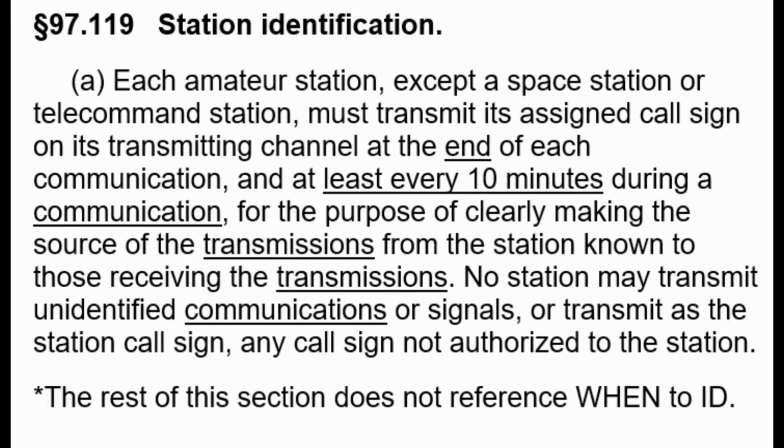So Part A says each amateur station, except a space station or telecommand station, must transmit its assigned call sign on its transmitting channel at the end of each communication, and at least every 10 minutes during a communication. You'll notice they use the word communication. That's a conversation, multiple transmissions.